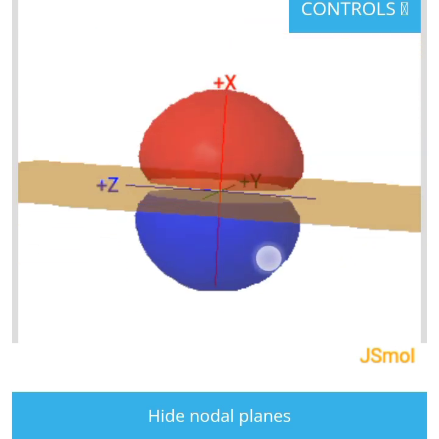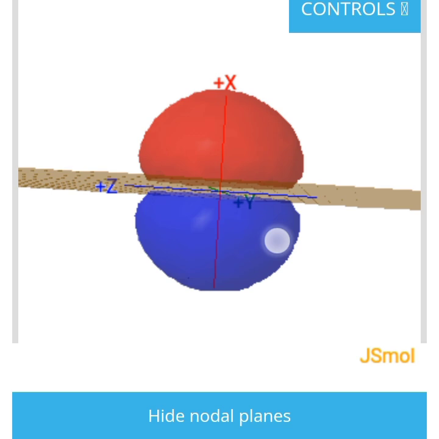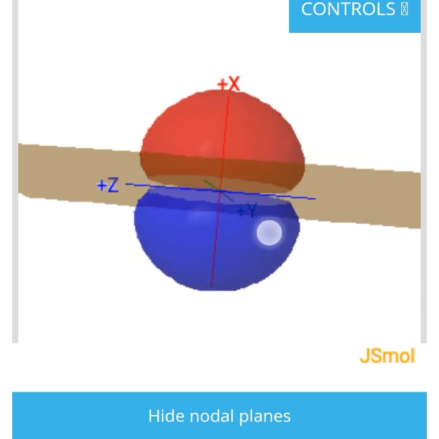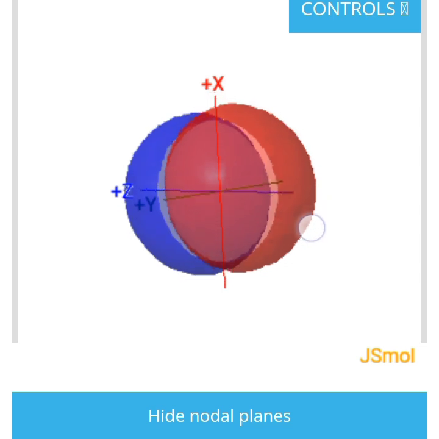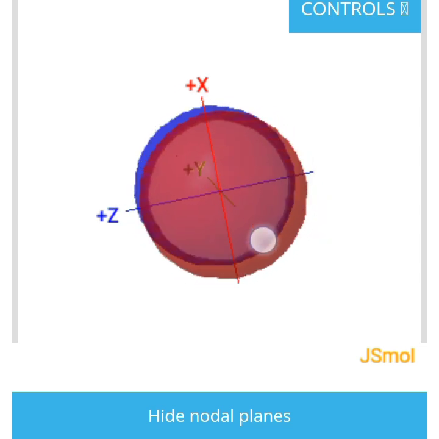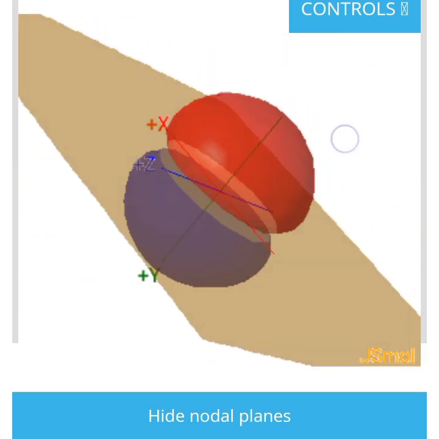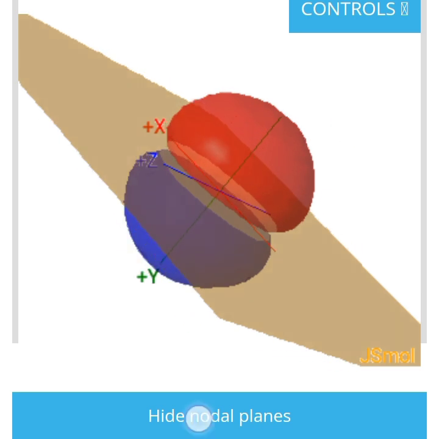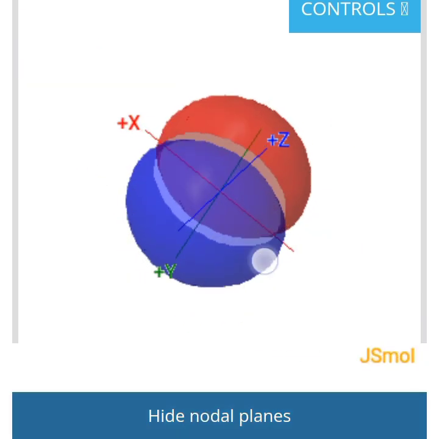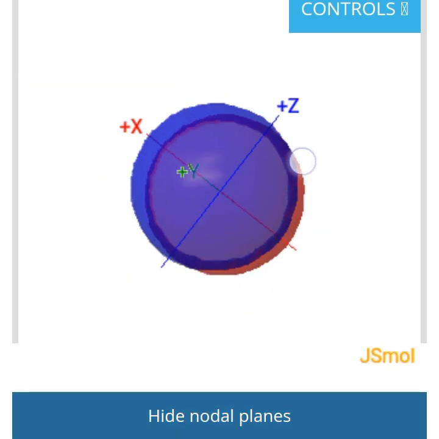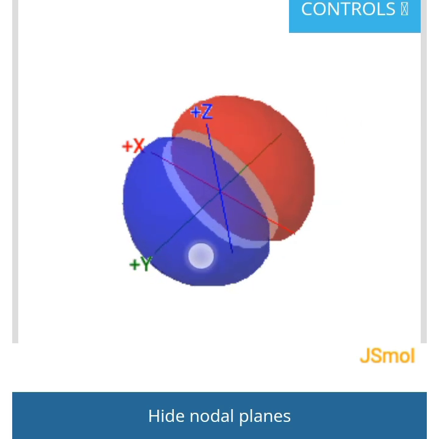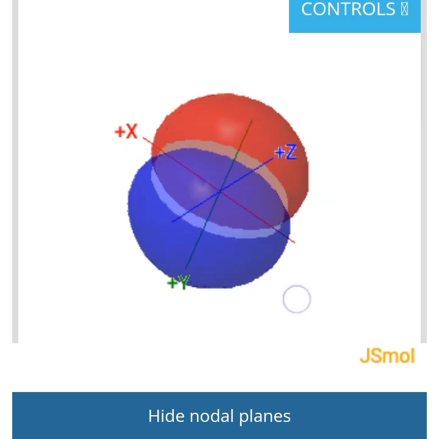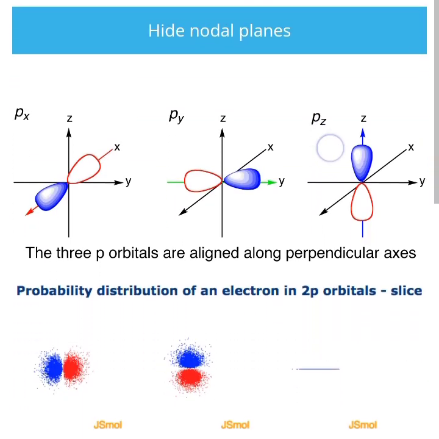How many nodal planes are found in a p orbital? Only one. This is the py orbital. The distribution of this orbital is around the y region, so this is called the py orbital.